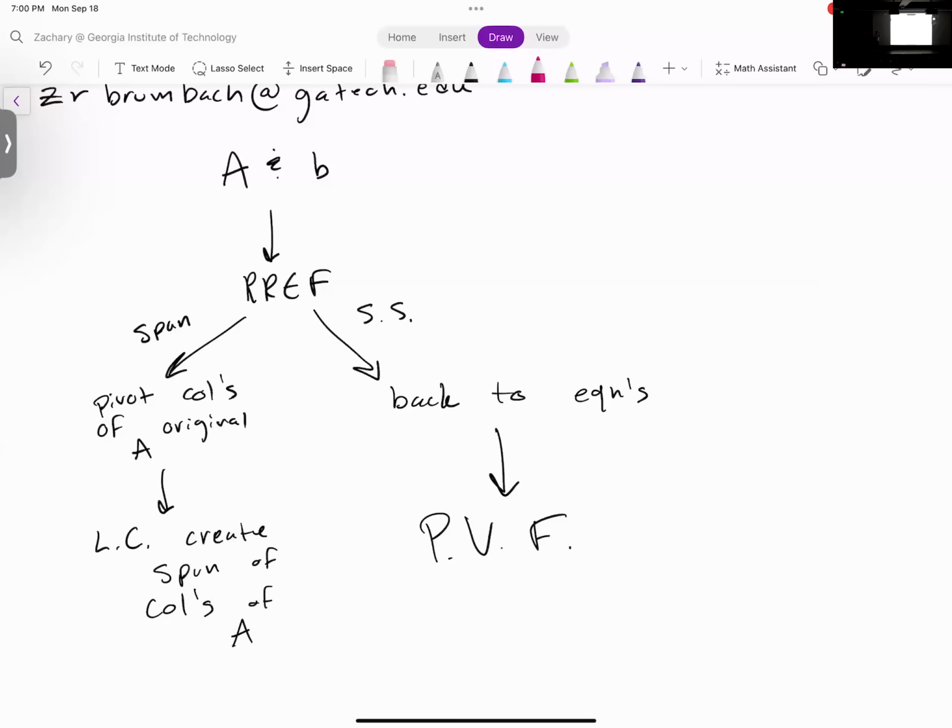And how many columns do we have? 3 columns and 3 free variables. What is that matrix called? It's a 0 matrix, exactly. When can you ever augment that with something that's not 0 and have a solution? You can't, exactly. So yes, it'll always be homogeneous.